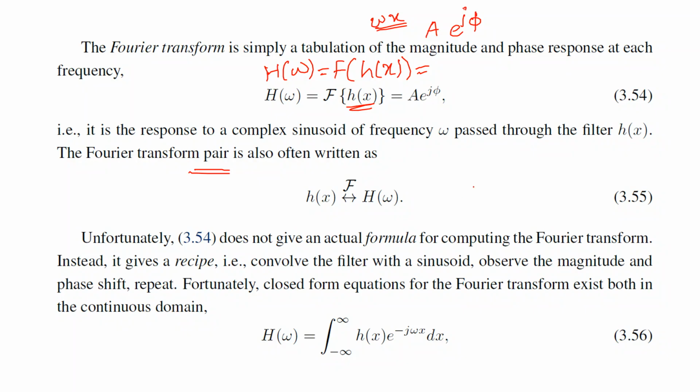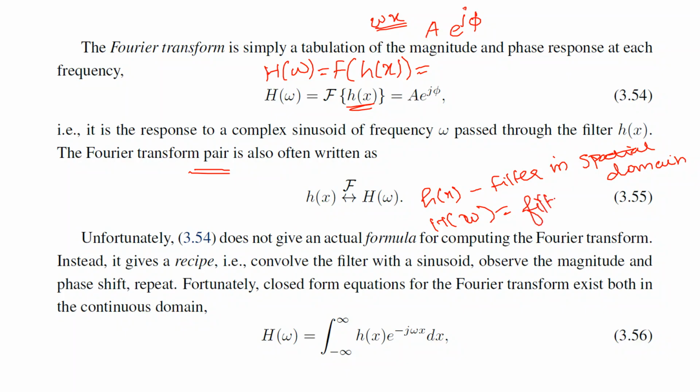The pair notation means h of x represents the filter in the spatial domain, and the capital H of omega represents the filter in the frequency domain. So h of x, the filter in the spatial domain, on applying the Fourier transform, is converted into the filter in the frequency domain.